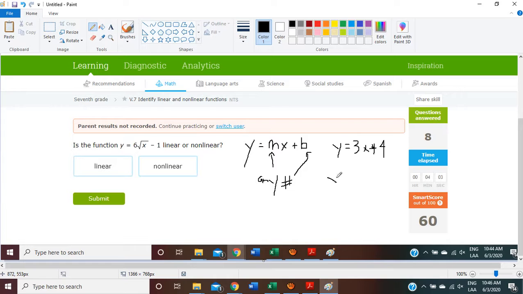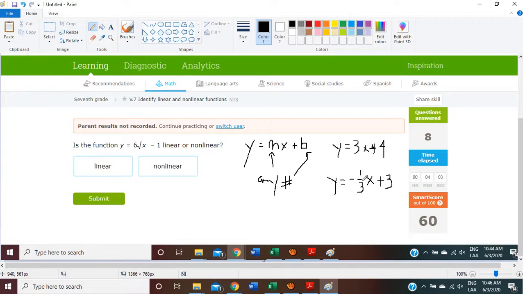Another example, it could be also negative numbers. Negative 1/3 x. It could be x, it could be f, it could be r, s, or whatever variable. It could be plus or minus, I don't know, 3. Okay, these are examples of linear functions.